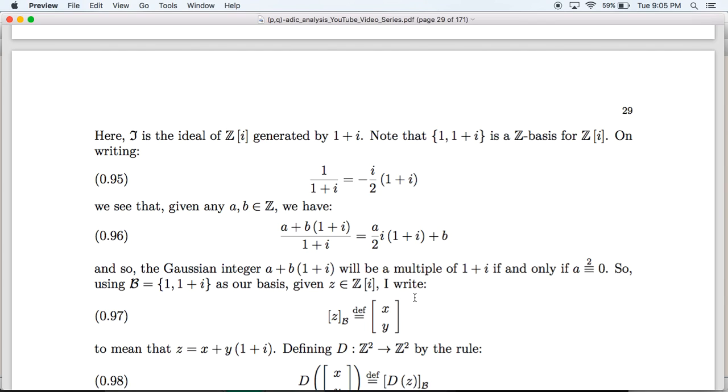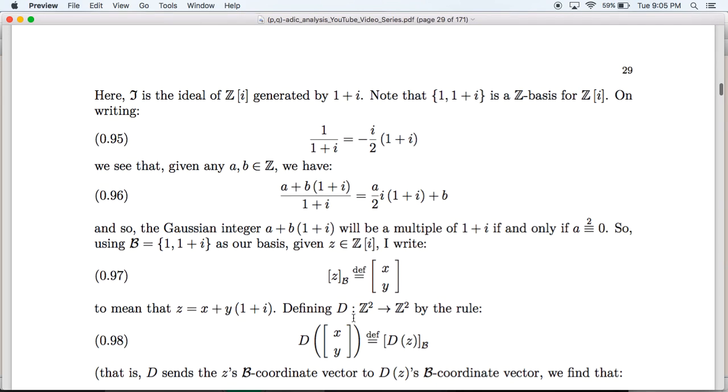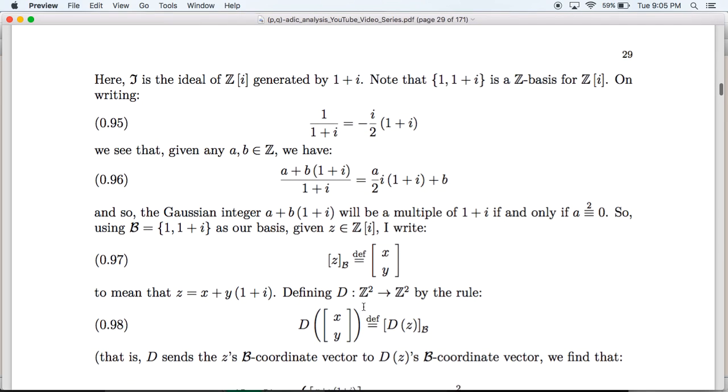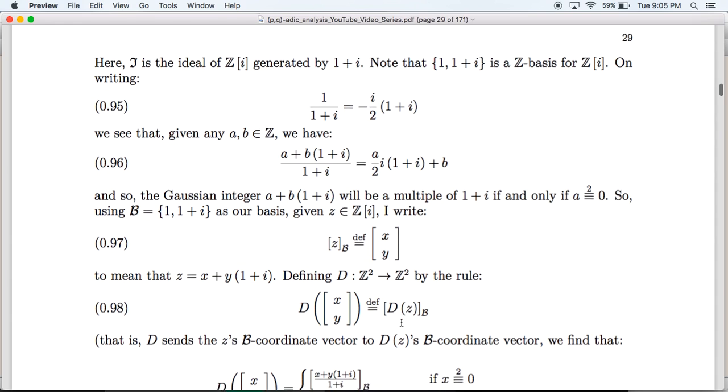So now, using coordinates from our basis B, given a Gaussian integer z, I will write it in vector form as (x, y) to mean that z is equal to x plus y times 1 plus i. We can then define the lattice analog of D on Z^2 by D sends z's B-coordinate vector to D of z's B-coordinate vector.